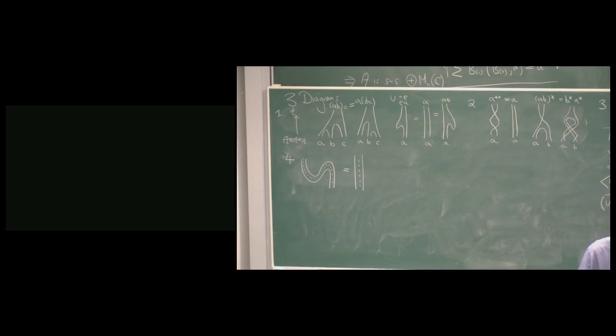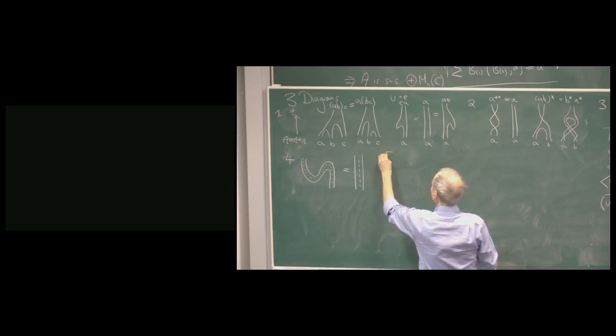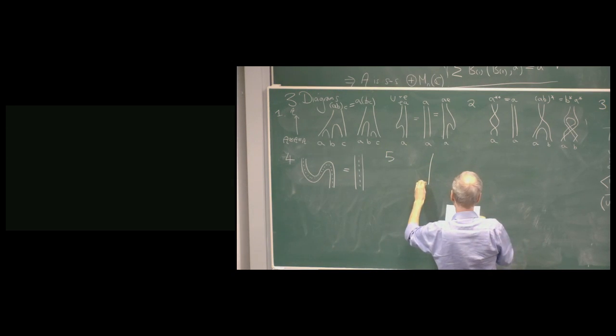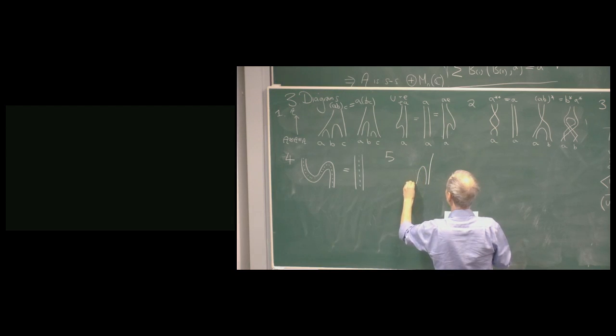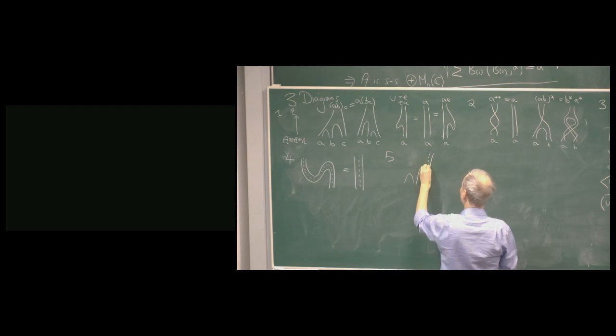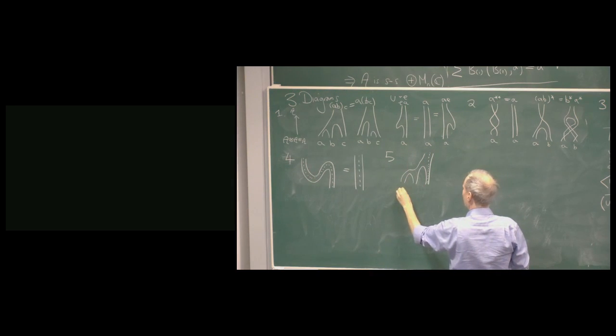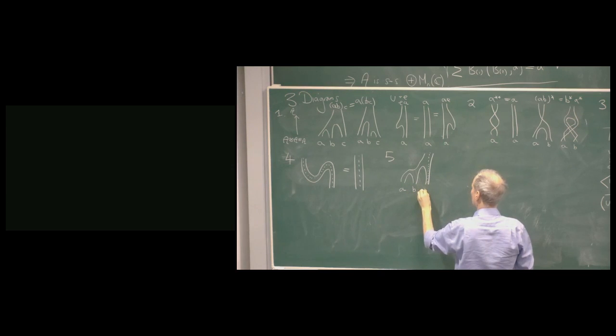Okay, so relation number 5 is the action. So this is like the associativity, except that I have a main road here with a line down the middle. So this is A and B acting on U. This is in the algebra. This is in the algebra. This is in the Hilbert space.